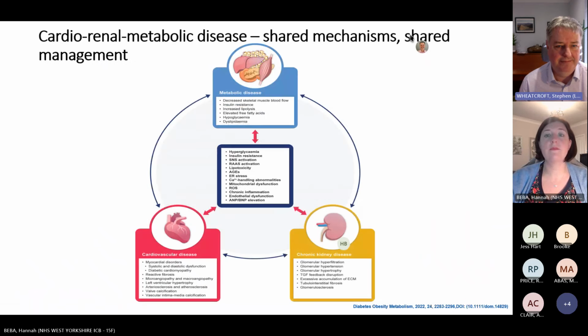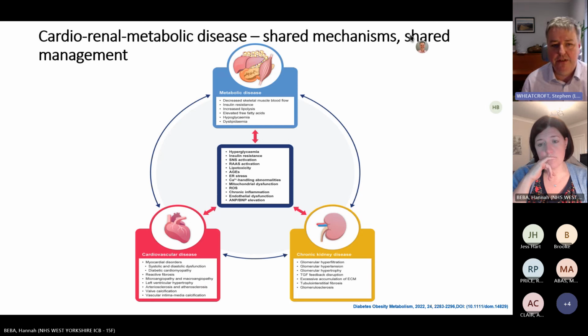Next slide, please, Hannah. So in terms of what is cardio-renal metabolic disease, there are a variety of definitions, but in the simplest terms, it is the combination of cardiovascular disease, chronic kidney disease, and metabolic diseases, including obesity and diabetes. And the reason that this is an entity is that these conditions share underlying pathology.